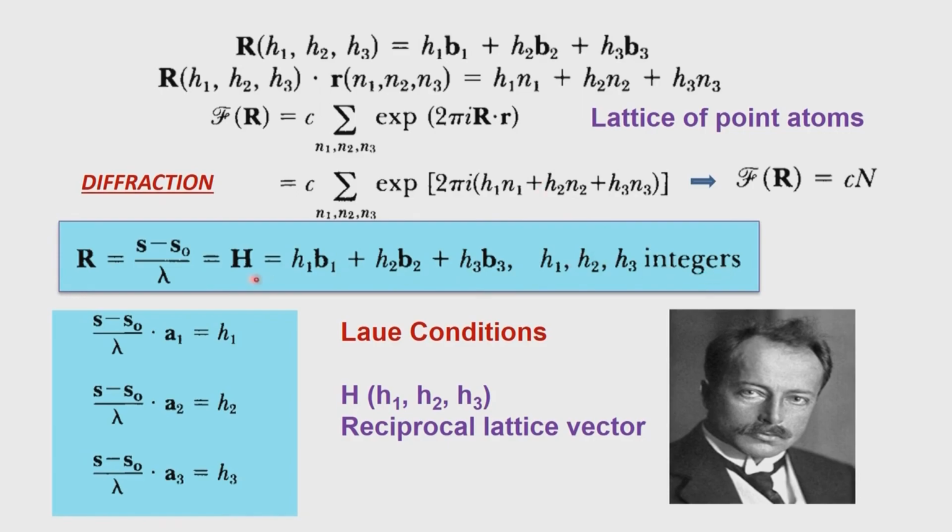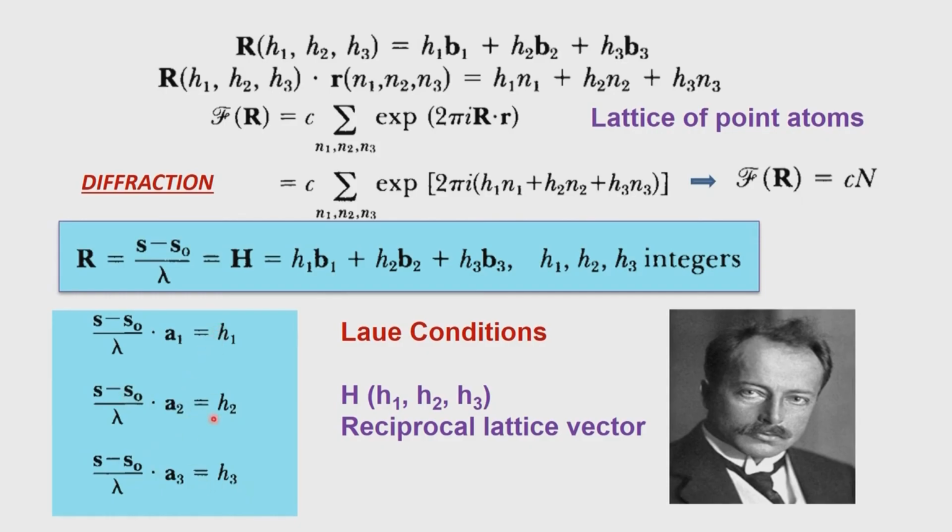That means these 3 conditions written down here: (S minus S naught) by lambda, you can write it as capital H, capital H dot a1, this is your unit cell dimension a, is equal to h1, capital H dot a2 is equal to h2, capital H dot a3 is equal to h3.